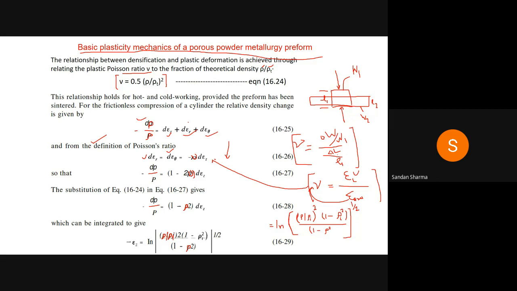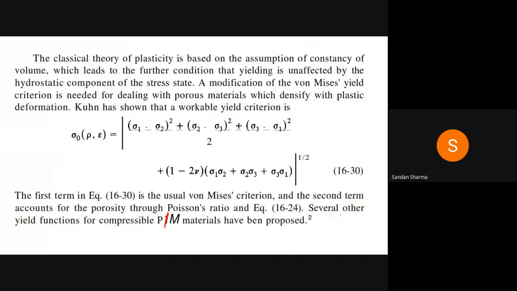If you put this into the equation here, first you calculate it from d rho by rho. This value you put in this equation and you will get a formula like that. This is what you have to get: the strain when you go for plastic mechanics for porous powder metallurgy. When you go with this, you cannot simply use the von Mises criterion.